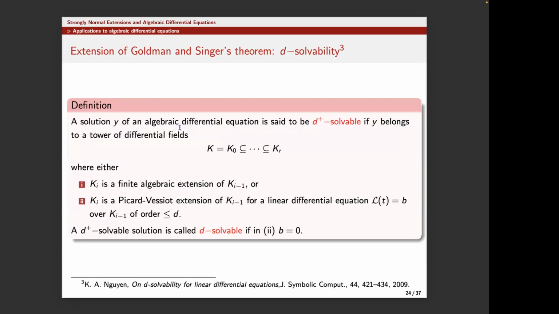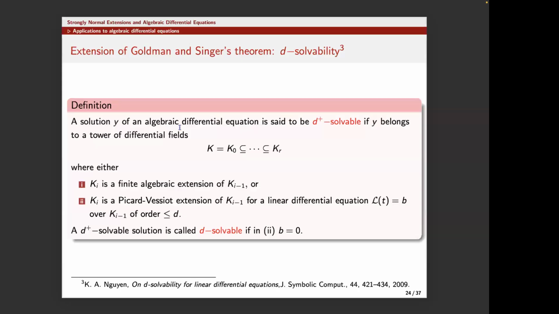So a solution y of an algebraic differential equation is said to be D-plus solvable if y belongs to a tower of differential fields where K_i is a finite algebraic extension of K_{i-1}, or K_i is a Picard-Vessiot extension of K_{i-1} for a linear differential equation L(y) equal to b over K_{i-1} of order less than or equal to D. And a D-plus solvable solution is called D-solvable if b equals 0.